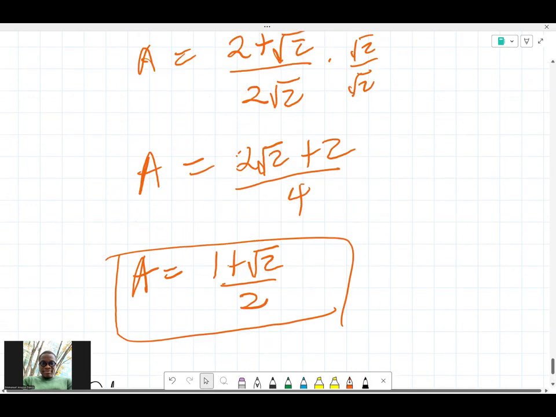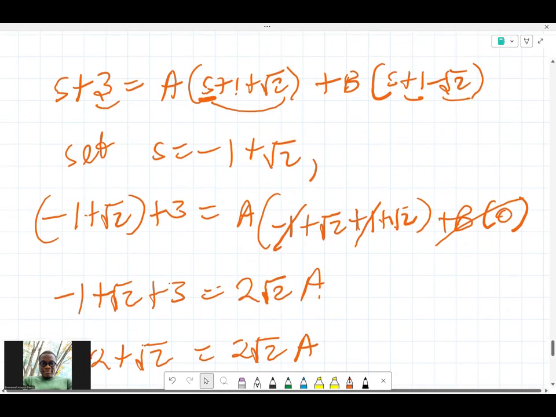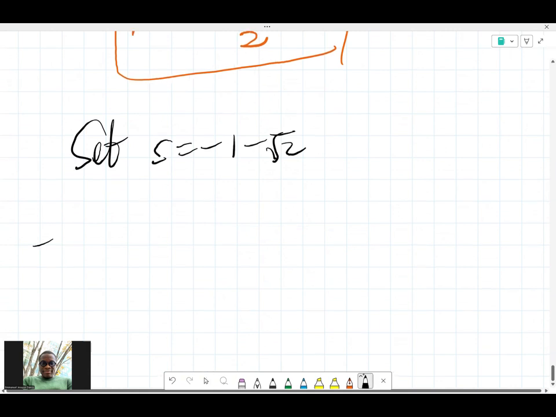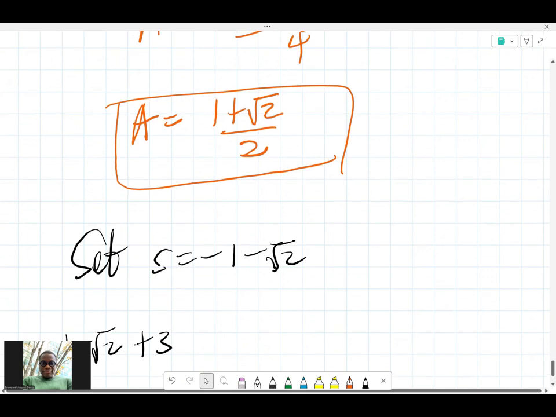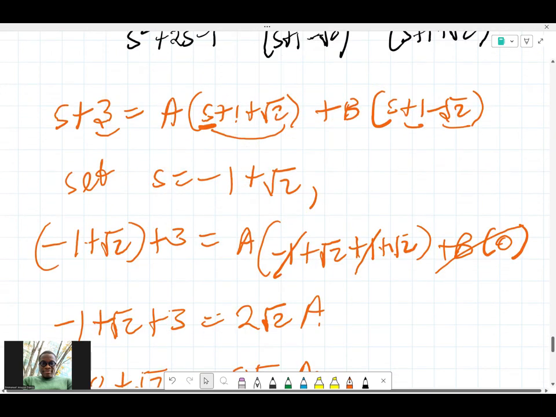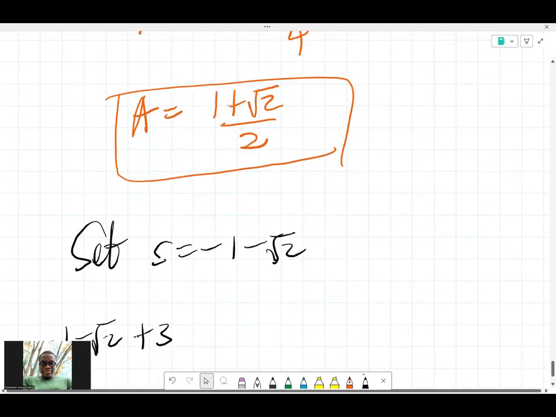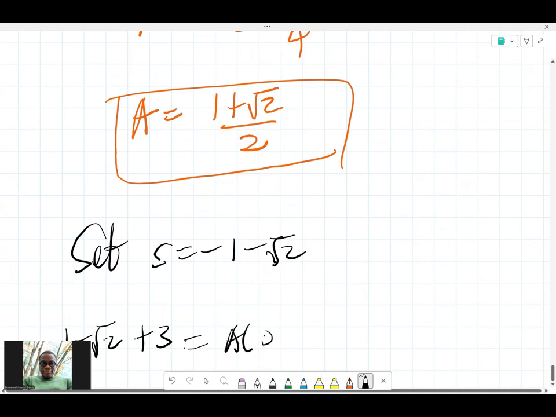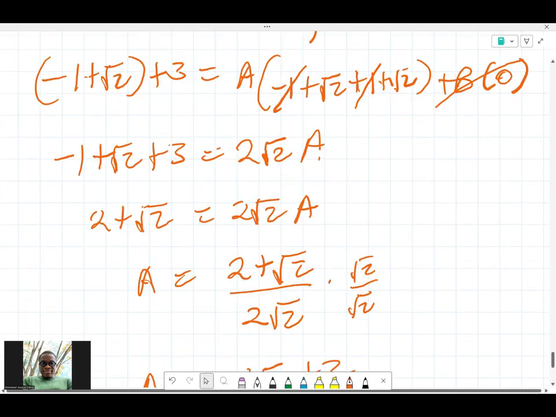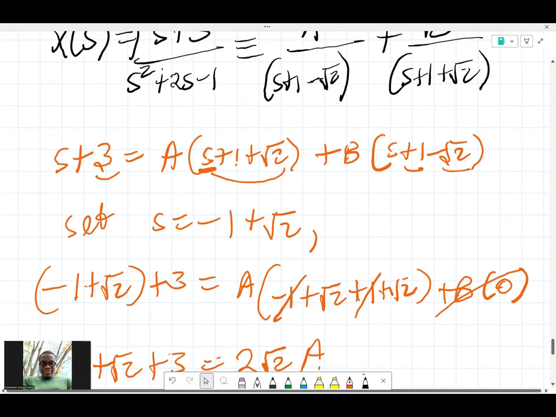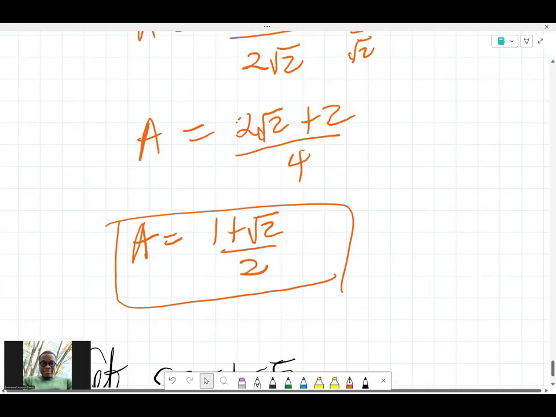If that is the case, we have minus 1 minus root 2 plus 3. Here we have s plus 3, minus 1 minus root 2 plus 3, and that is equal to a into 0, because minus 1 minus root 2, minus 1 will cancel this minus 1, minus root 2 will cancel this one. But when we come to b now, let's see what that gives.